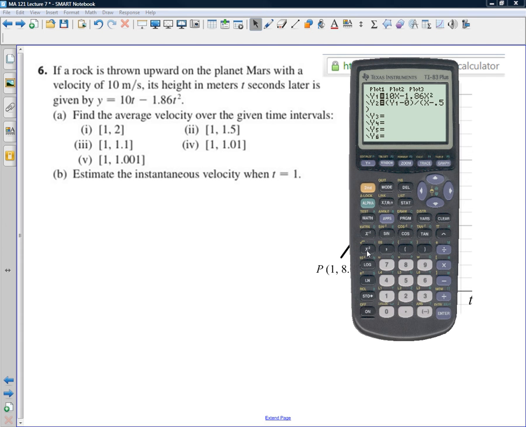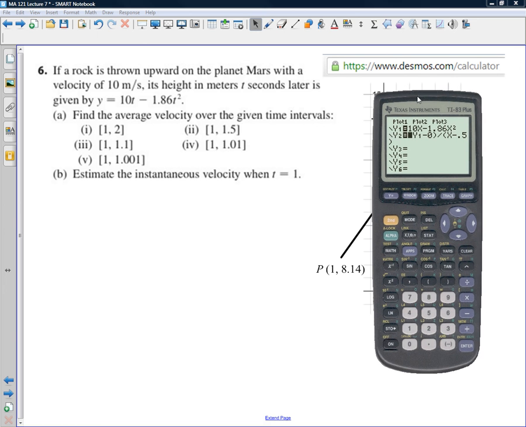Now, I need to fix up y sub 2 because now my point has changed, my stationary point, my P, and so now I want to not say y sub 1 minus 0, I want to say y sub 1 minus 8.14.